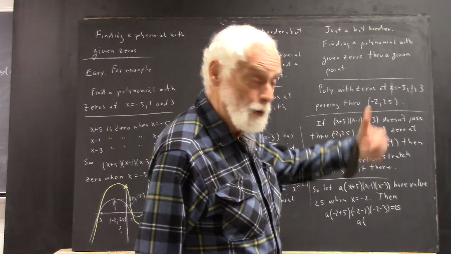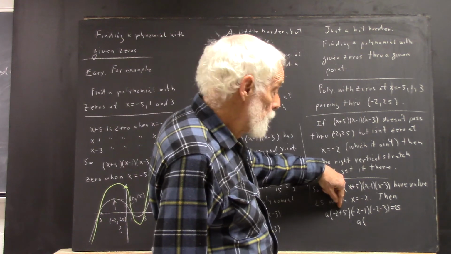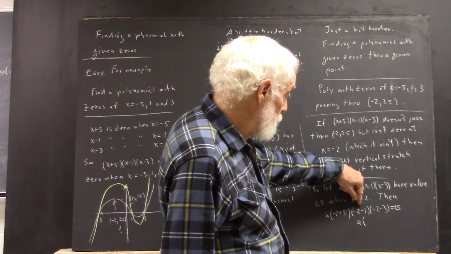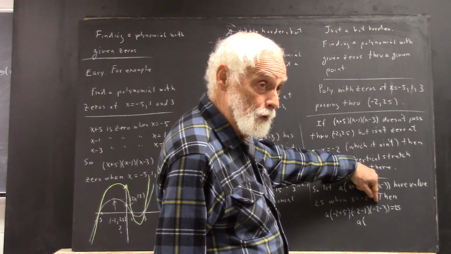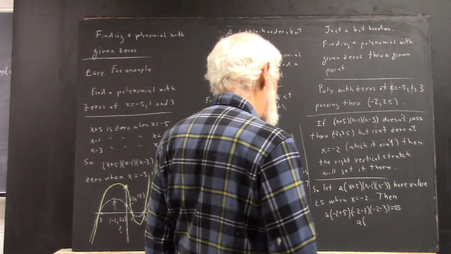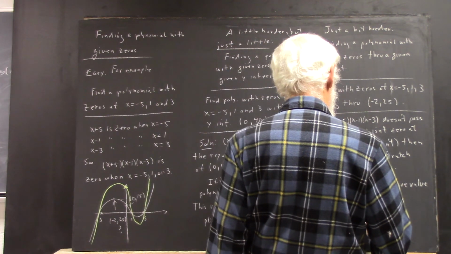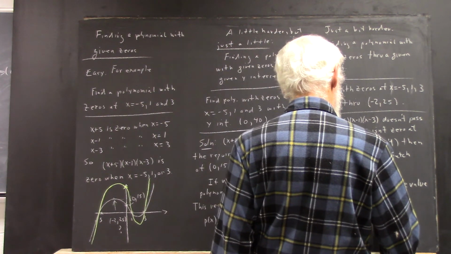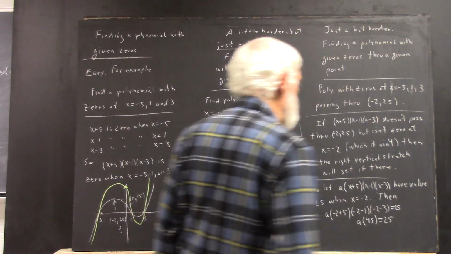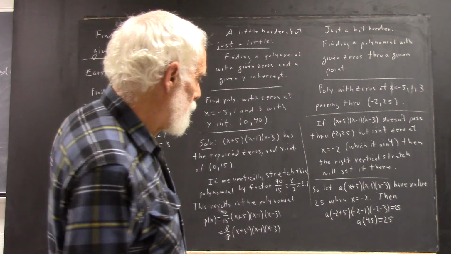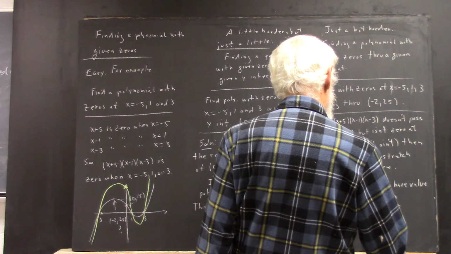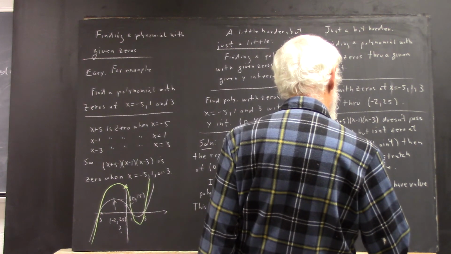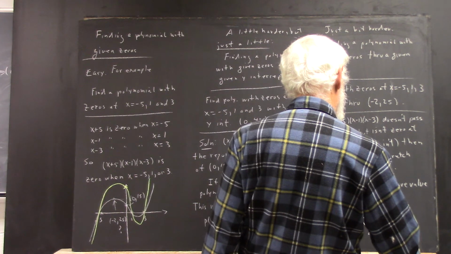I'm probably going to do it wrong, but I'm not going to write it out. Okay, that's 3. That's -3. And that's -5. 3 times -3 times -5 is 45. So A times 45 should equal 25. So A is 25 over 45, which is 5/9.